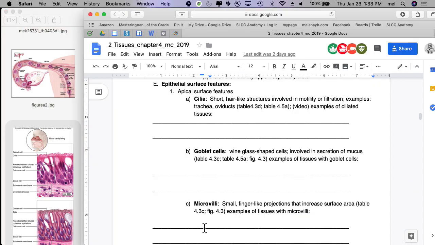And we ran into 2 tissues with goblet cells. Although FYI, you can't always see goblet cells in every single slide of any tissue. But if you run into really distinct goblet cells, it's probably which of 2 tissues? Simple columnar, not ciliated, right? And pseudostratified, right? Good? Okay.